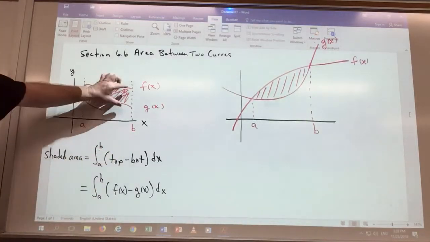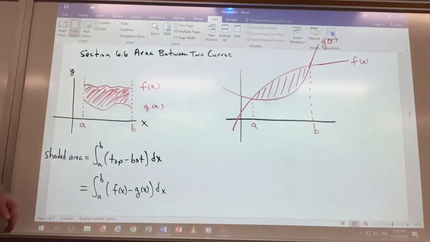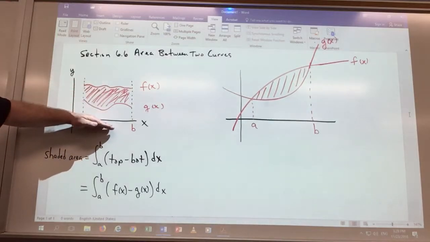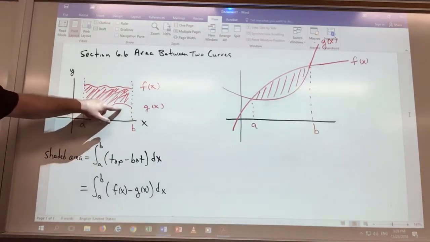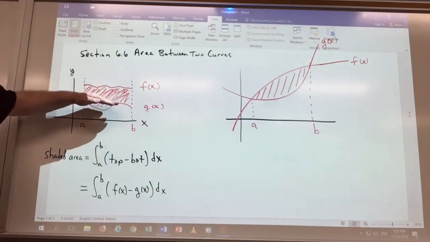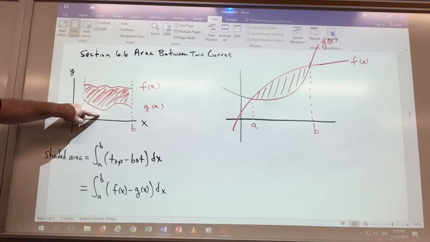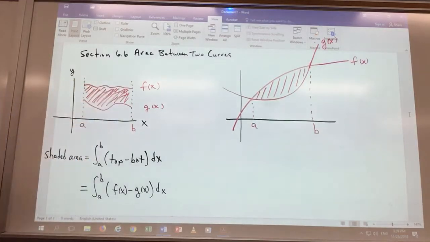To find the shaded area in red here, all we have to do is calculate the area below f of x and above the x-axis, and then subtract from it the area in white here below the function g of x and above the x-axis. That gives us the shaded area in red.